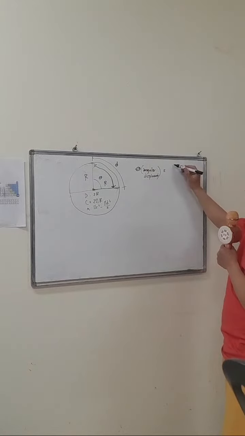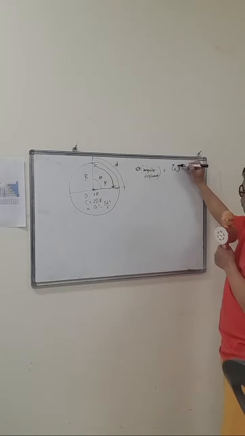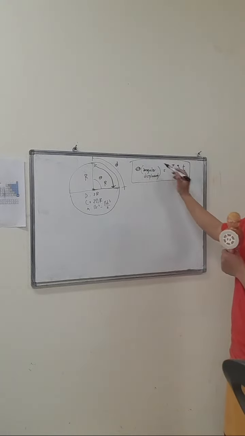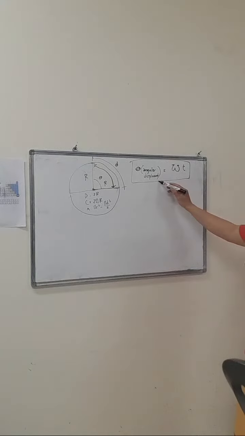Meaning to say we have the angular velocity, like a W like this, and the time. This is the standard equation. Angular displacement equals angular velocity times time. Why is it like this?